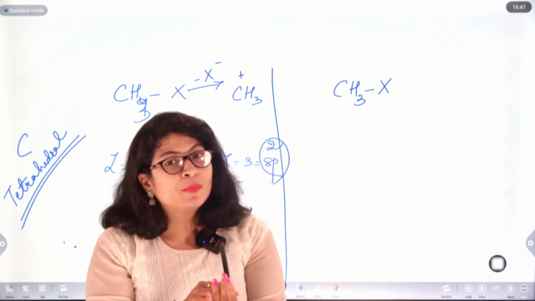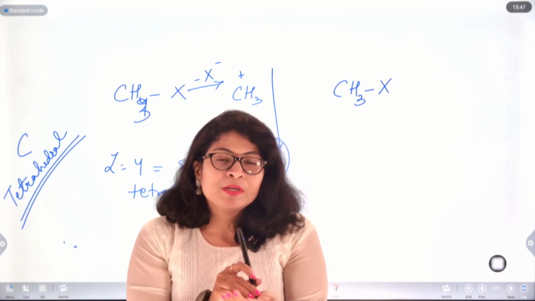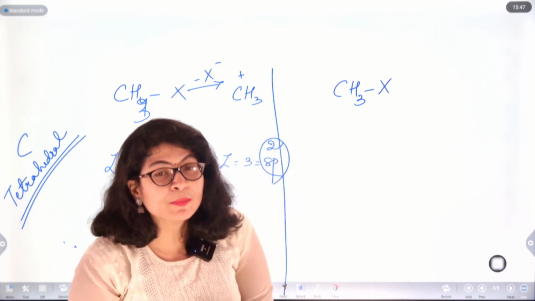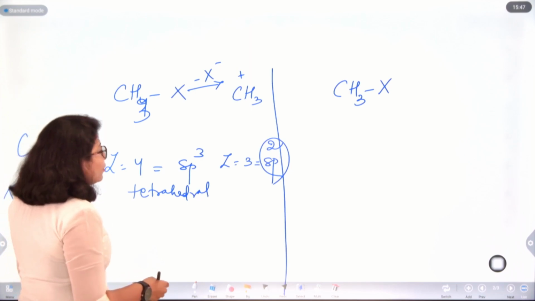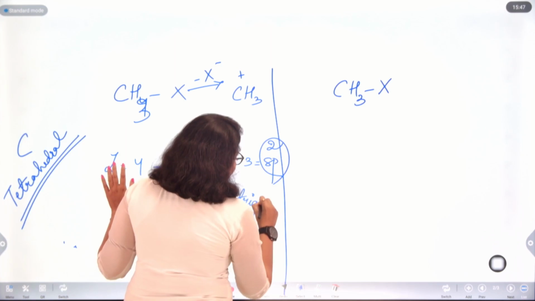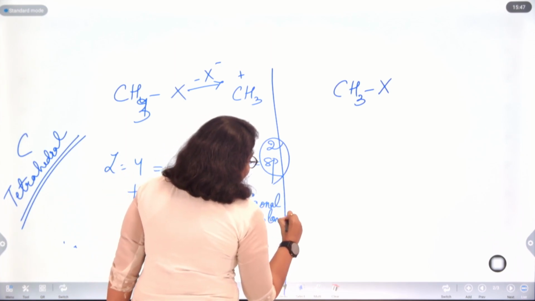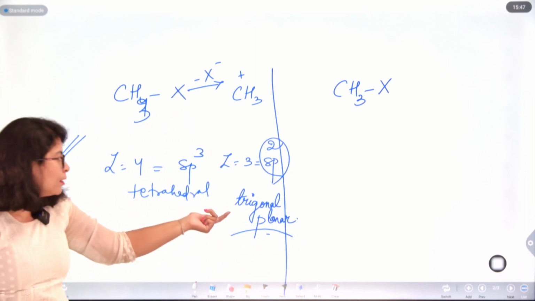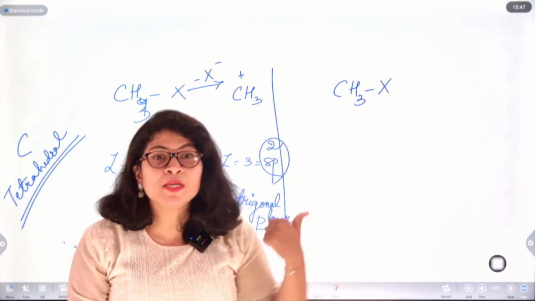All the 3 bonded orbitals came down to a single plane, they become planar. So the geometry shifted from tetrahedral to trigonal planar, and the hybridization changed from sp3 to sp2.